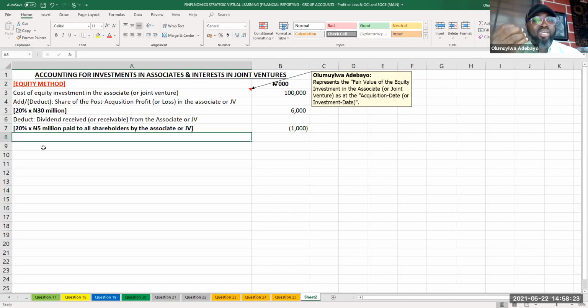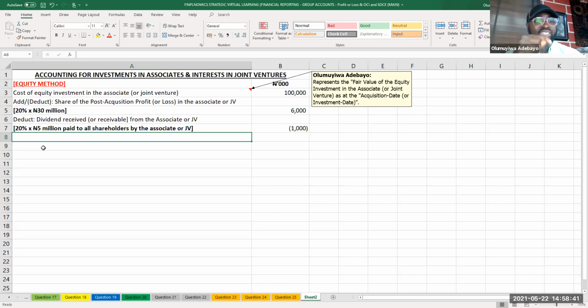Impairment loss to be recognized on equity must be of a permanent nature, because by the provision of IFRS 9, such impairment loss on equity can never be reversed.